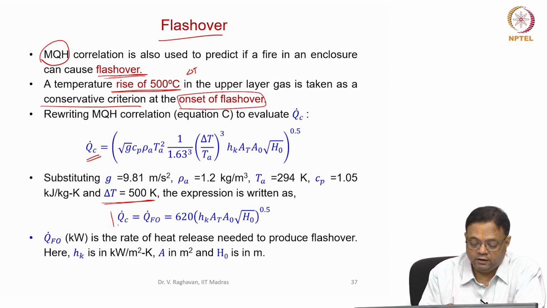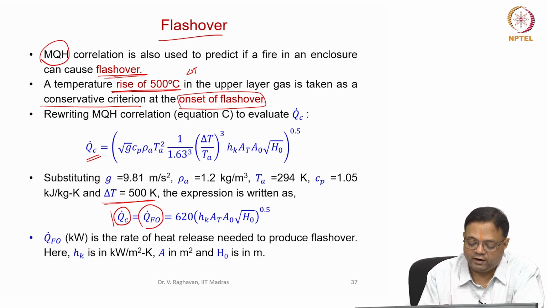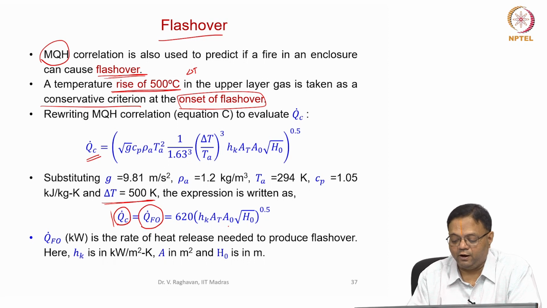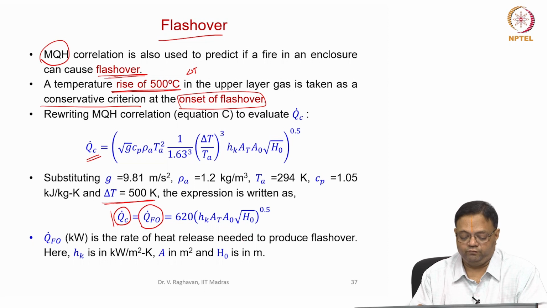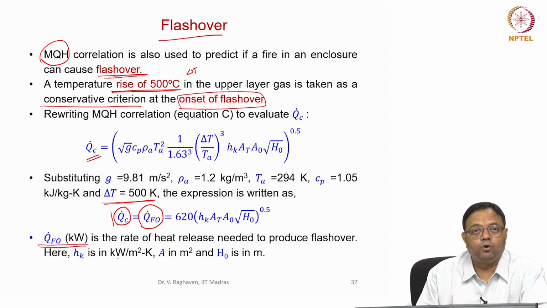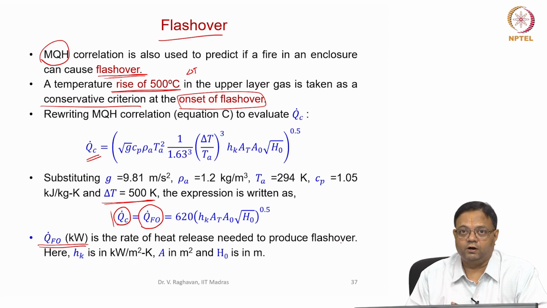The convective heat flux estimated using delta T equal to 500 Kelvin will give the heat flux required for flashover, which is calculated as 620 times (Hk At A0 root H0 overall) to the power of 0.5. Here Q dot FO is in kilowatts, the rate of heat release needed to produce flashover.